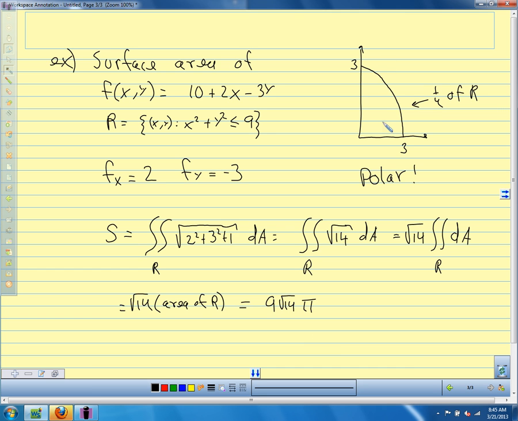We didn't even have to integrate. So if the problem lets you simplify your calculations or not do your problem without integrating, save yourself some work, definitely do that.